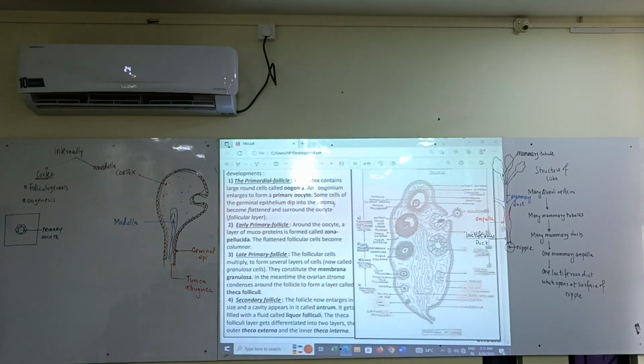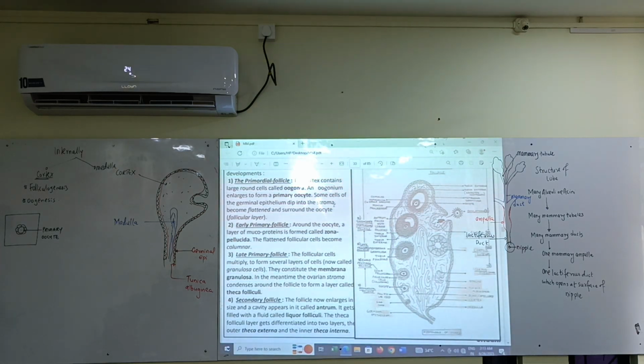Okay, and this primary oocyte has been derived from where, bachalo? Oogonia. I hope you got my point. From where have these flattened cells been derived from? Cortical cells, cortex cells. And the primary oocyte has been derived from oogonia.